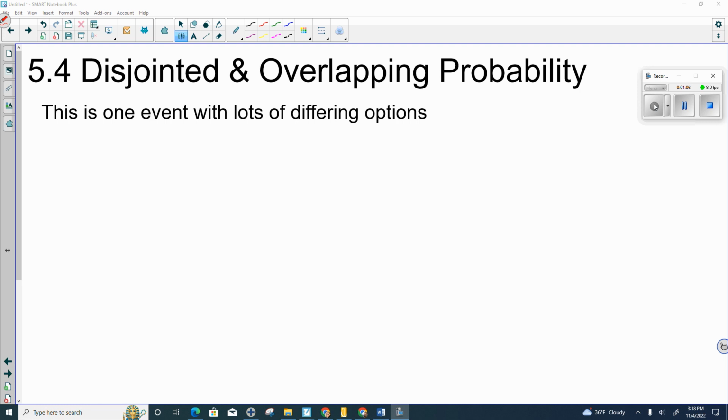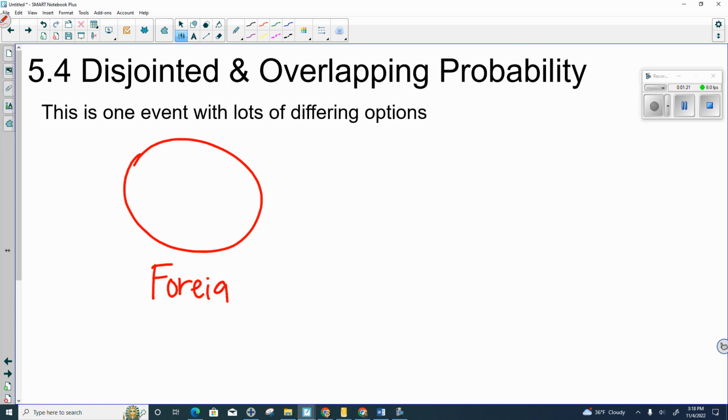Okay, so here's the one that I like to do the best with it, and I think we did this in class. So these are not going to be the greatest numbers. In class, I said, how many of you are taking a class that is teaching you a foreign language? So Spanish, German, I think we have Mandarin at the school or something like that. And let's just say that 10 of you raise your hands.